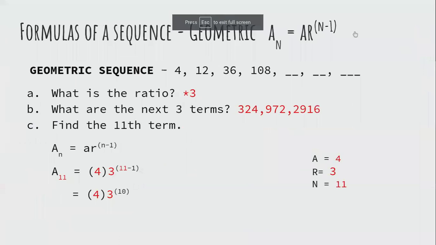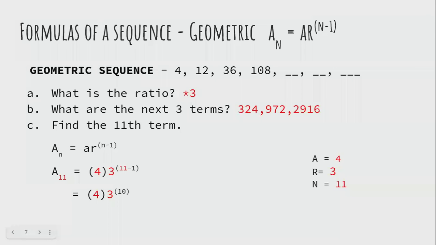Okay, so now we simplified the exponent. So here's where we are. Now again, order of operations says we do exponents first. So can somebody tell me what is 3 to the 10th?